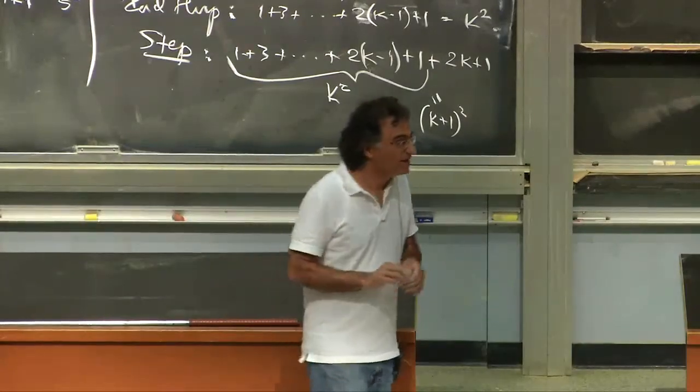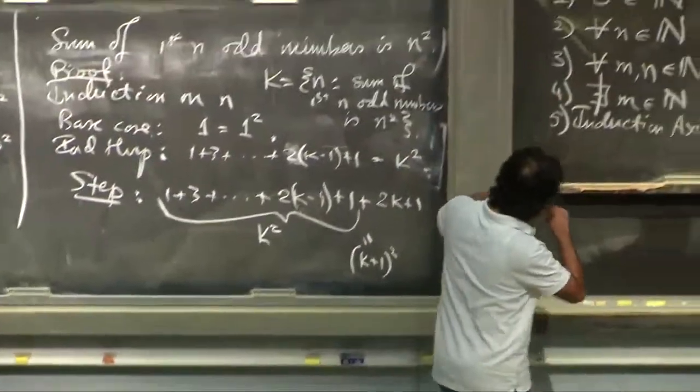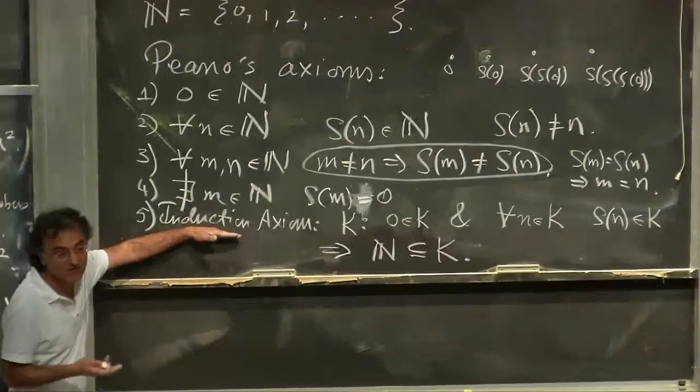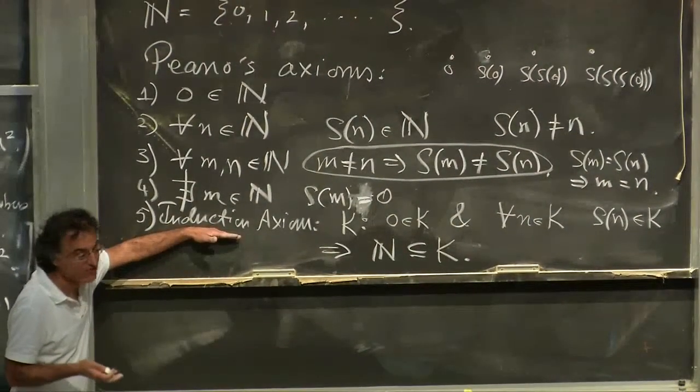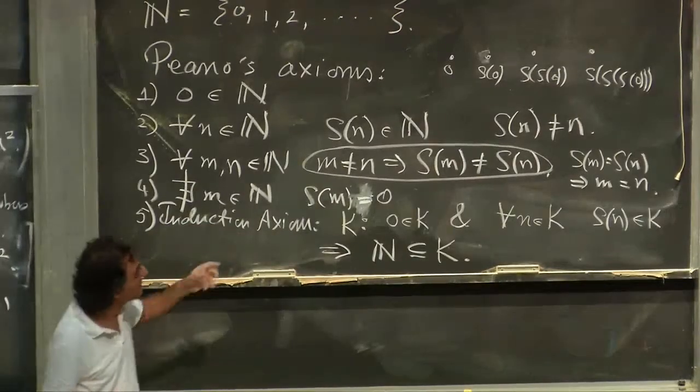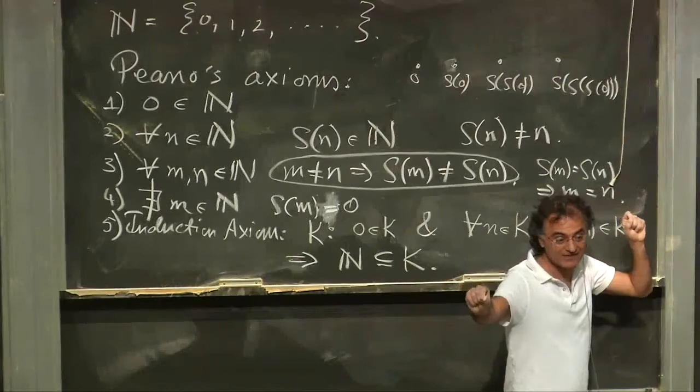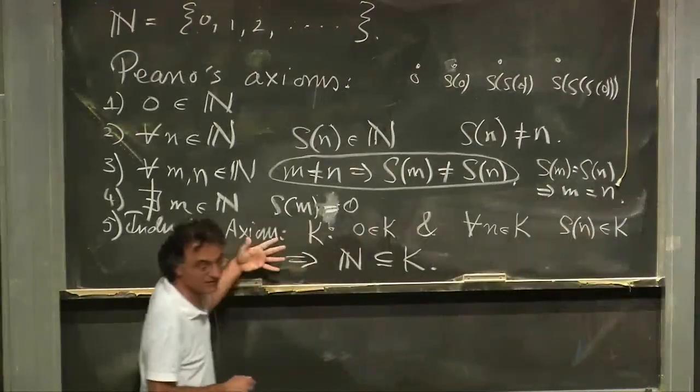And so we start with this, and induction happens to be the most powerful of these axioms. It's sort of telling us what the integers look like. The fact that the integers stretch out in a line is the content of the induction axiom.